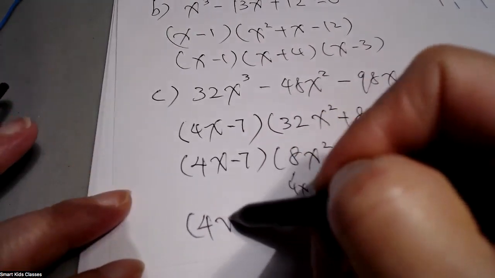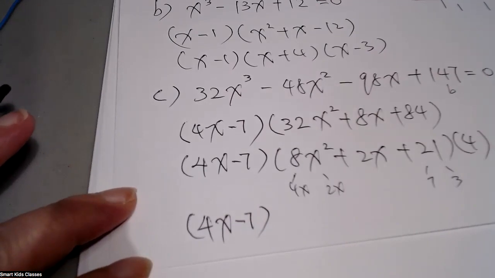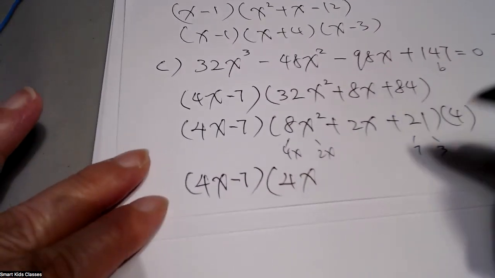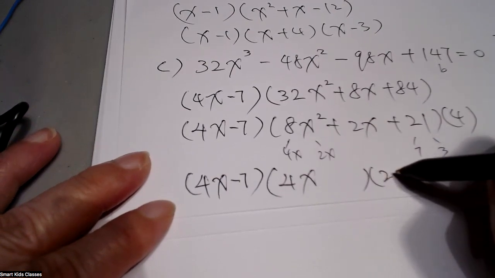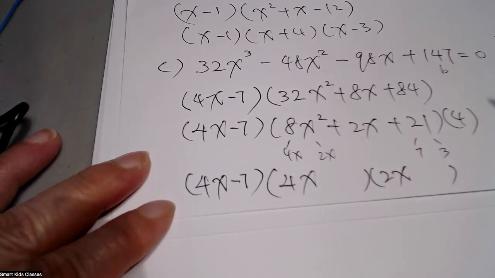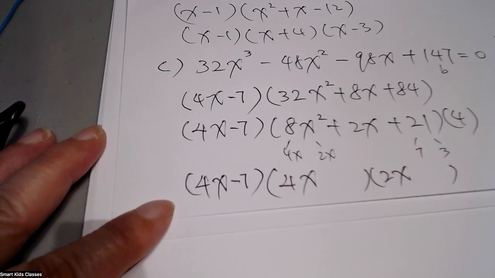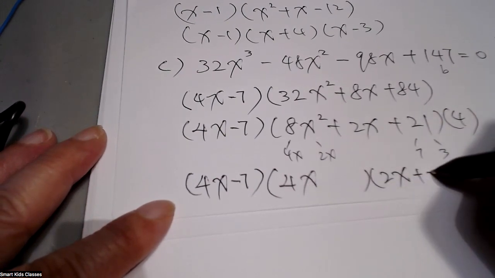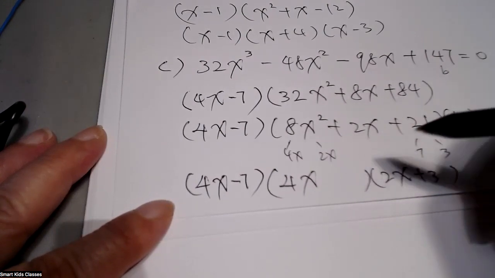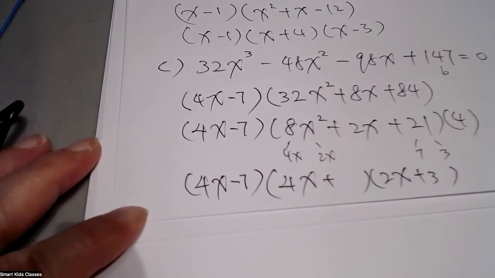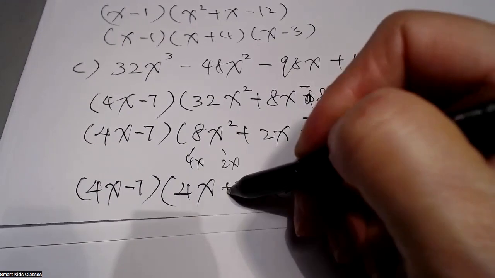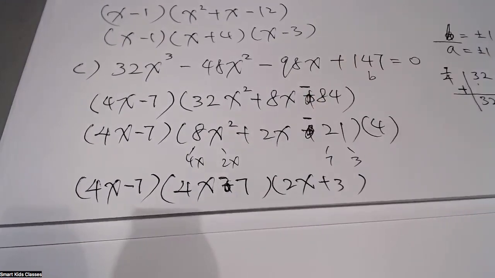So 4x minus 7, and here I got 4x, I have a 2x. So I want to get a 12, so 4 times 3. So I put x plus 3 here. And then, okay, one minute. Let me put minus 7 here, not plus 8. Excuse me, it's a minus 7.